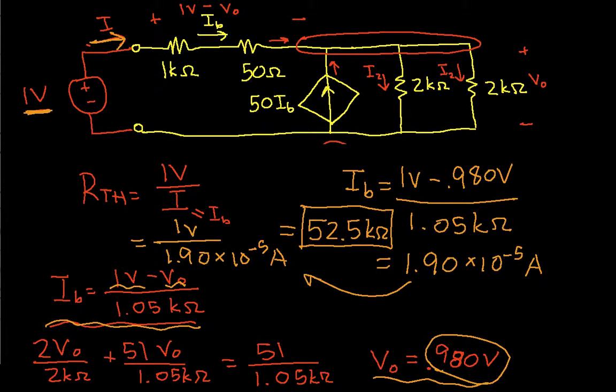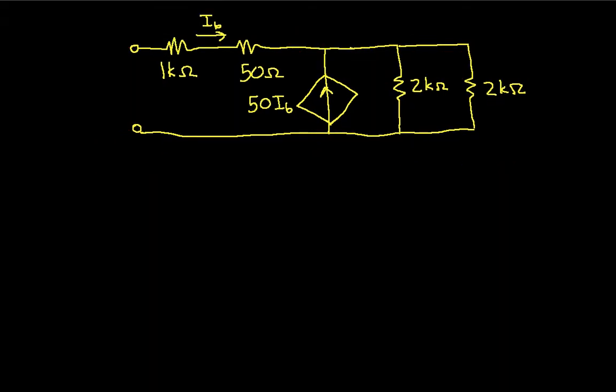So let's see if we have time to work it the other way. Okay, so let's, instead of attaching a test voltage source, attach a test current source and put 1 amp in, and then see what the voltage across the source would be.